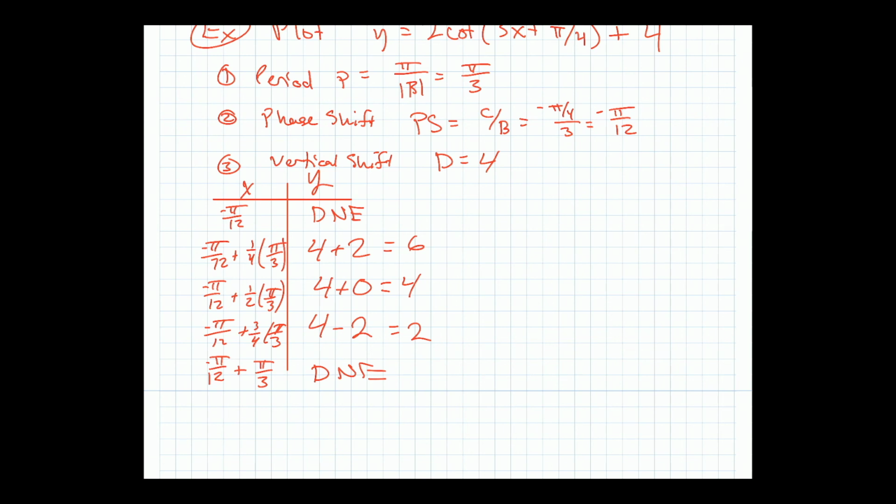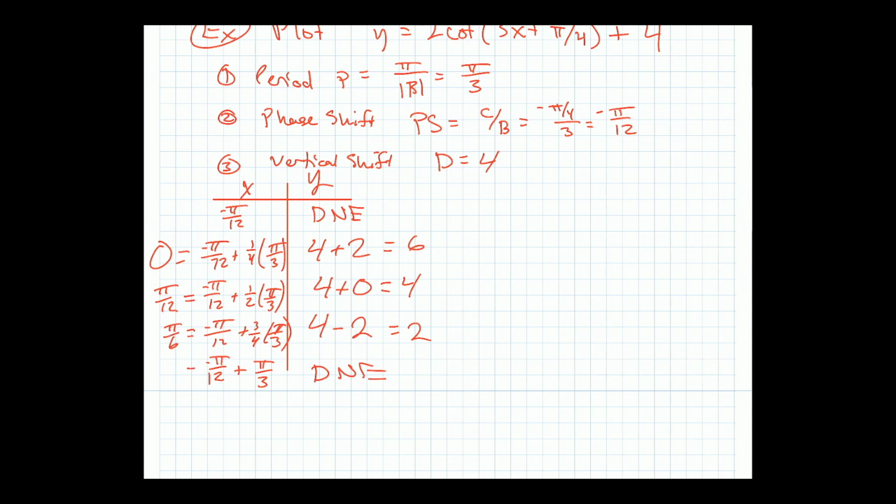So we got, what do we have? Negative pi over 12 plus, oh, that's pi over 12. So that's actually 0. The next one is negative pi over 12 plus, looks like pi over 6. So that's going to be positive pi over 12. The next one's going to be pi over 6.